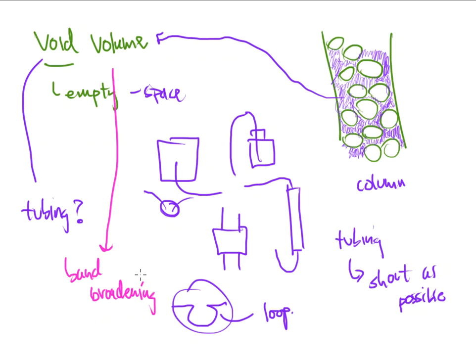It looks messy. It looks complicated. It will make your job harder, and it's also not good for the chromatogram either. So short tubing is going to lower the band broadening, and that's because there's less void volume in the system.